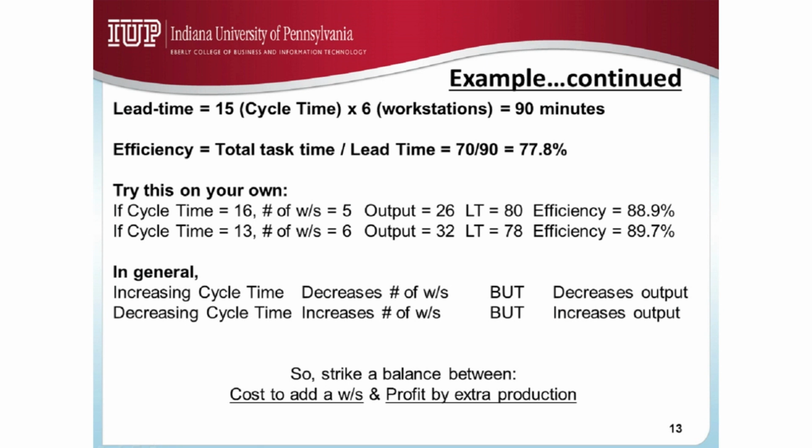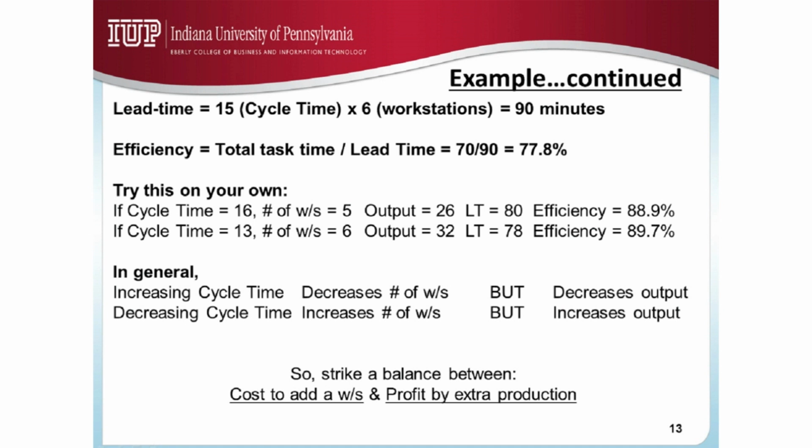On the other hand, if I reduce the cycle time from 15 all the way down to 13, you will still have 6 workstations. You can try this out too by assigning the tasks to different workstations. Now your output has dramatically increased. You'll be getting 1 unit out every 13 minutes.